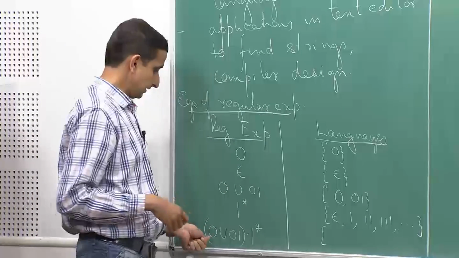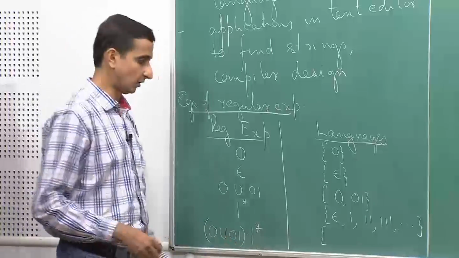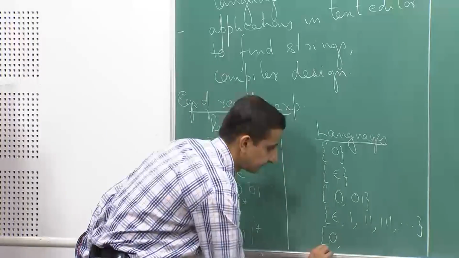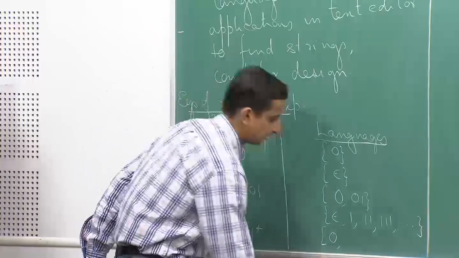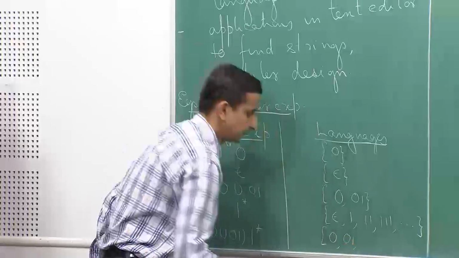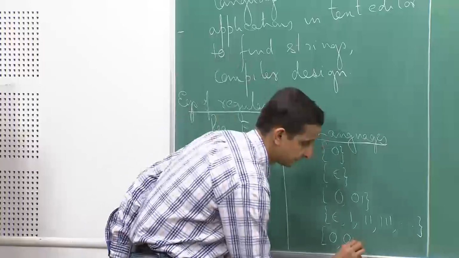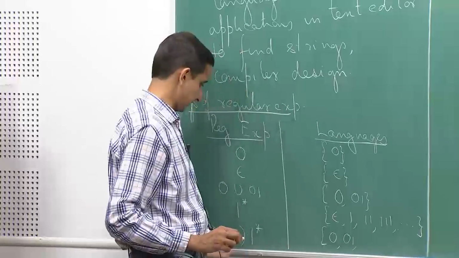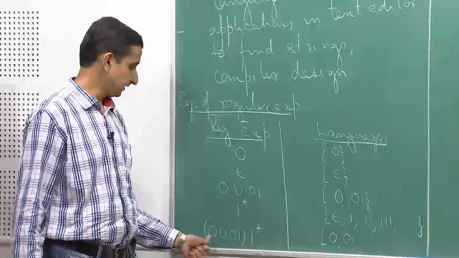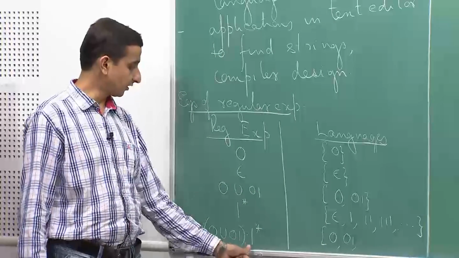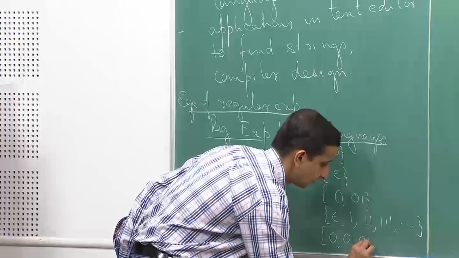So first I will have 0 concatenated with epsilon, that will give me the string 0. Then I will have 01 concatenated with epsilon, that will give me the string 01. Then I will have 0 concatenated with 1, which is 01 again, so I do not write it again. Then I will have 01 concatenated with 1, that will give me the string 011.